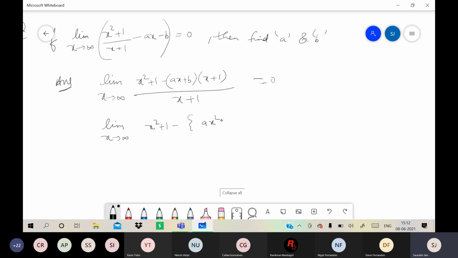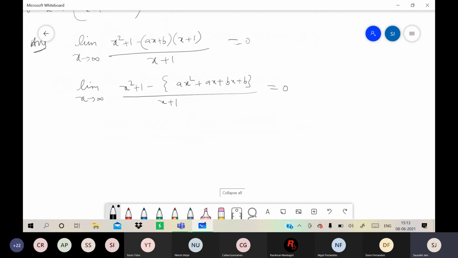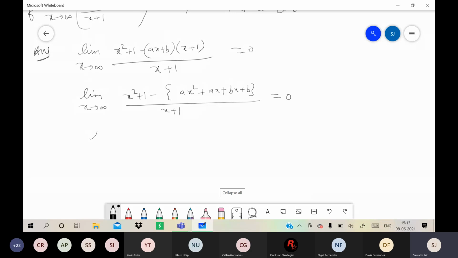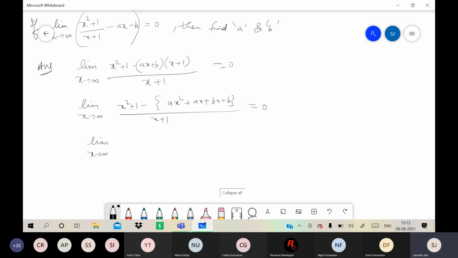What you will get, ax square plus ax plus bx plus b upon x plus 1, correct? Then you write similar terms together. You write it x square plus 1 minus ax square minus ax minus bx minus b upon x plus 1 is equal to 0, taking LCM.